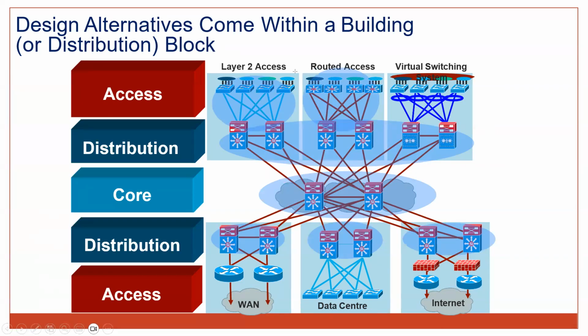That's why you can see L2 access, routed access, or you may have virtual switching. Virtual switching is also L2, and that is something that will protect you from the STP issues.